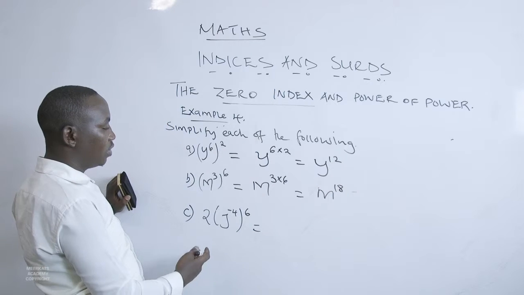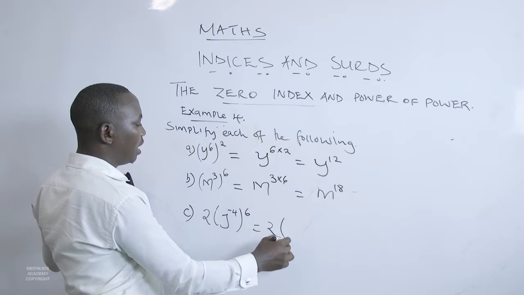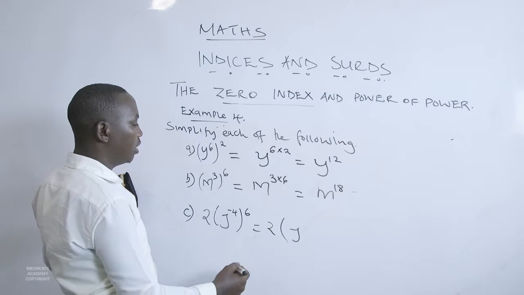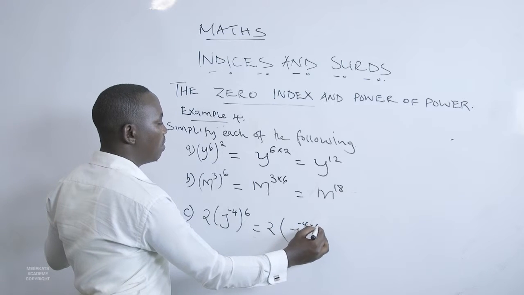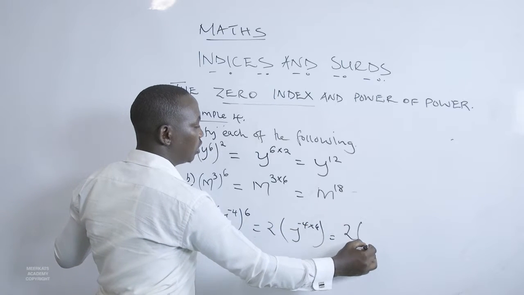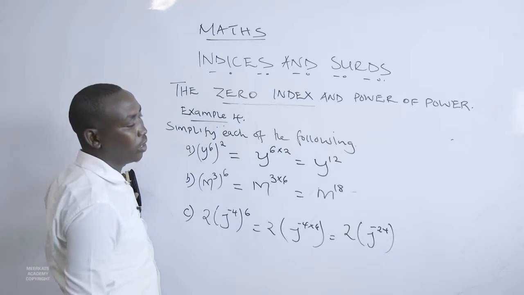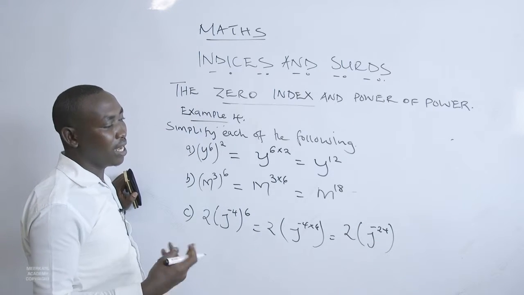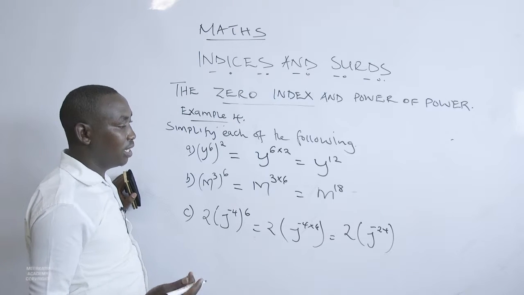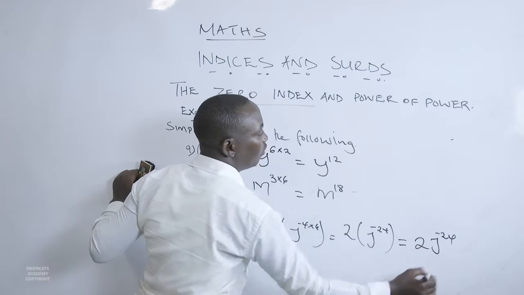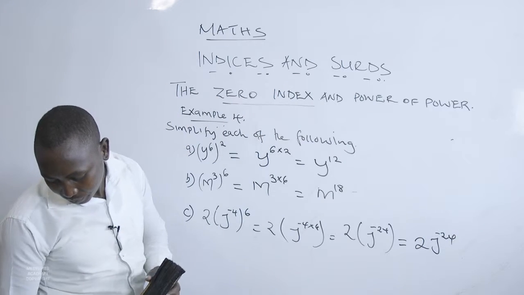Then for this other case, 2 is outside, so we have j raised to negative 4 by 6. That will be 4 by 6, which gives us 2j raised to negative 24, because when you take a negative integer and multiply by a positive integer, the result is negative. So this will be 2j raised to negative 24.